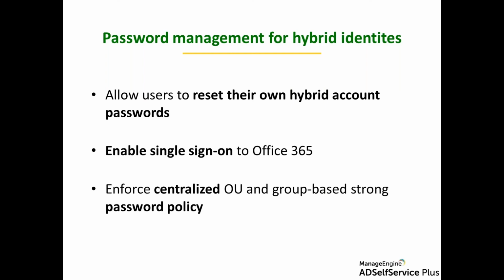You can also empower users to take care of their own password resets, not only for their Active Directory, their Office 365, but multiple other on-premises and cloud applications. And this is the power of password management, and it's important to empower users with their own password management capabilities for their hybrid identities.